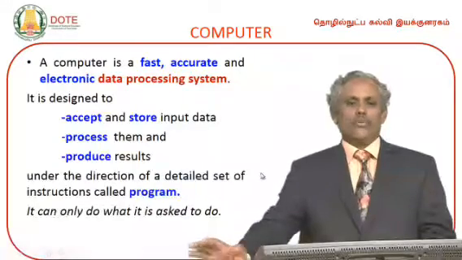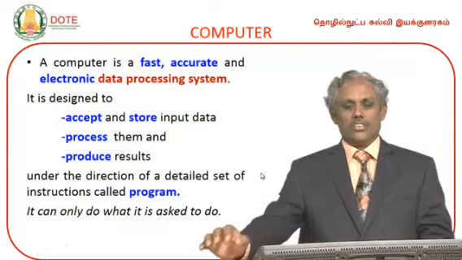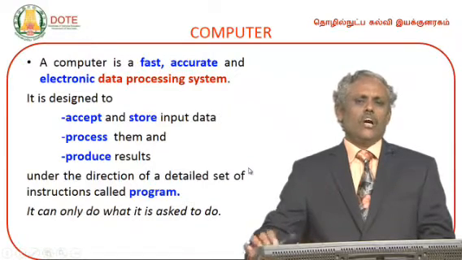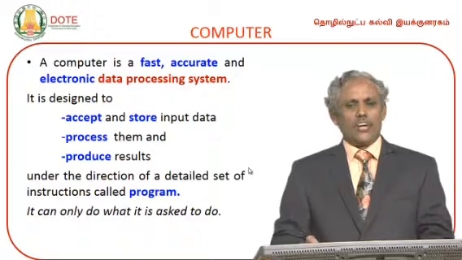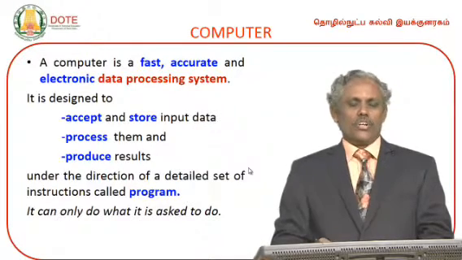First, we will see what is a computer, because all of you use a computer today. This computer can be defined as a data processing system. Actually, it is a fast, accurate and electronic data processing system. That means the computer is used for processing of data.